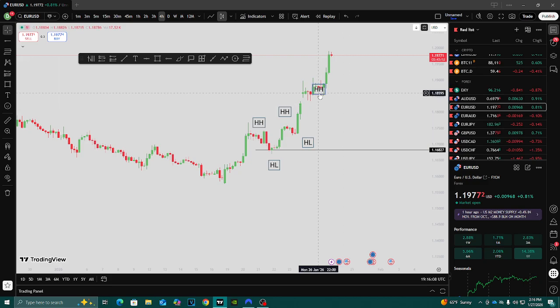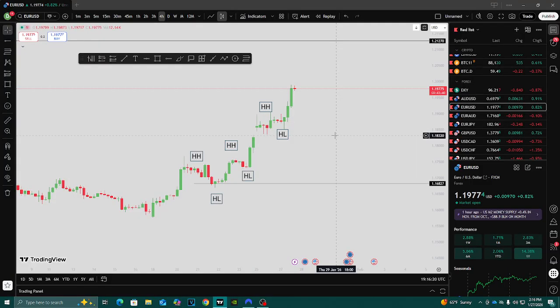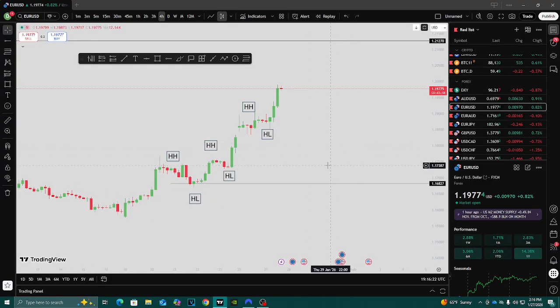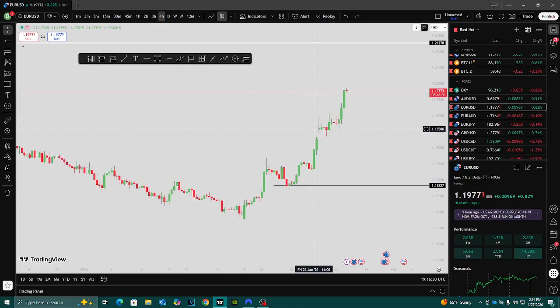Now we got a higher high, higher low. This is an uptrend. So what are we looking to do? We're looking for buys. We just need to mark up the most recent trends on the 4 hours, remember?